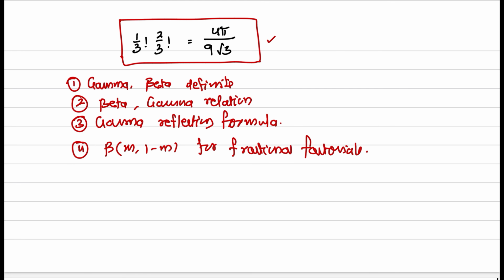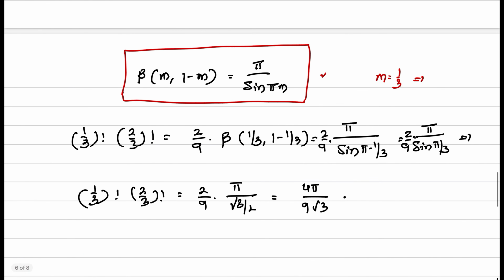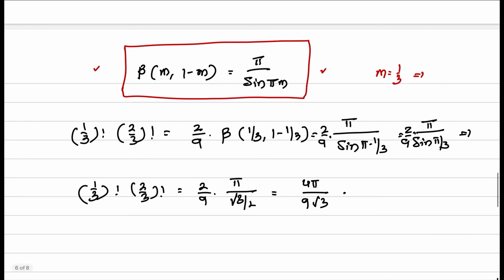It's a very good example, very challenging question. Try to understand the concepts. On the basis of this, we are going to prove the beta gamma relation. We are going to prove the definitions of beta gamma, and also we are going to prove the beta gamma reflection formula, which we have used here. We have straightforward used the formula that beta m, 1 minus m is equal to pi by sin pi m. How we have got this? Let us try to see in the next class.